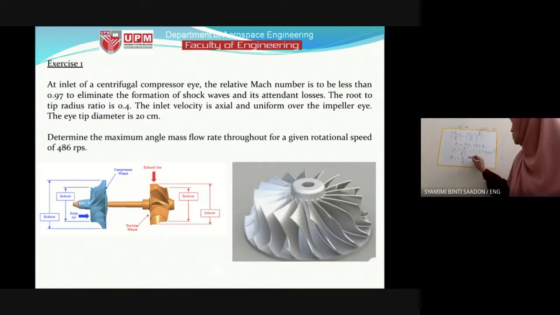We use the diameter at the eye tip squared minus the diameter at the root.